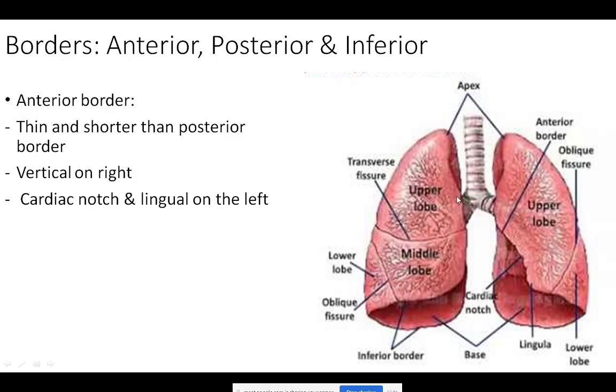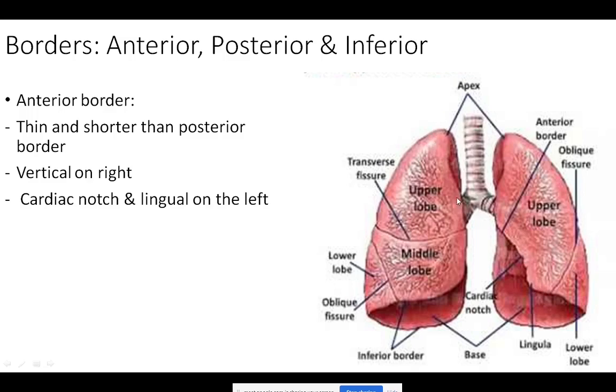This is the anterior border of the right lung. Compared with this, the anterior border of the left lung has a cardiac notch and a lingula. The lingula is a tongue-like projection of the lung below the cardiac notch.